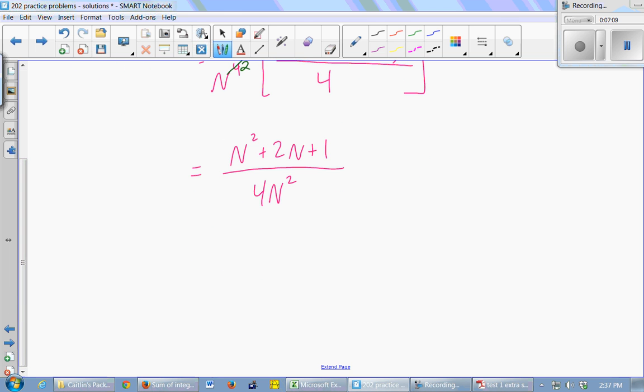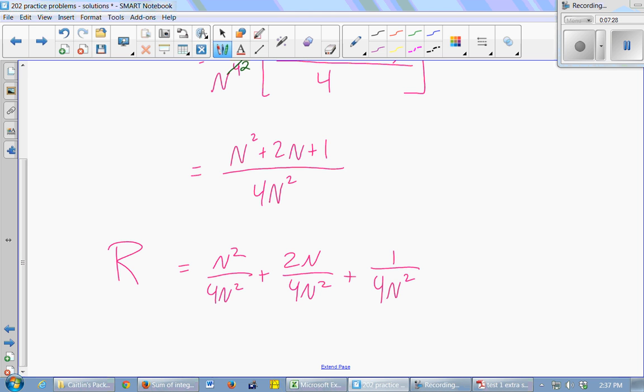I can break this up into 3 fractions. n squared over 4n squared plus 2n over 4n squared plus 1 over 4n squared. All right, this is how you calculate R sub n. That is the right-hand Riemann sum for an arbitrary number of n rectangles.